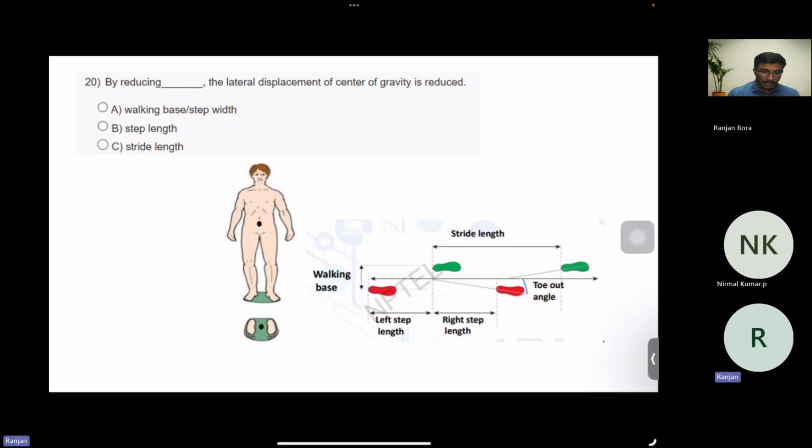So you can see, when we reduce the walking base, the distance between the two feet will become minimum, meaning it will become shorter. So the lateral displacement, the displacement along this direction, will be reduced. So option A is correct.